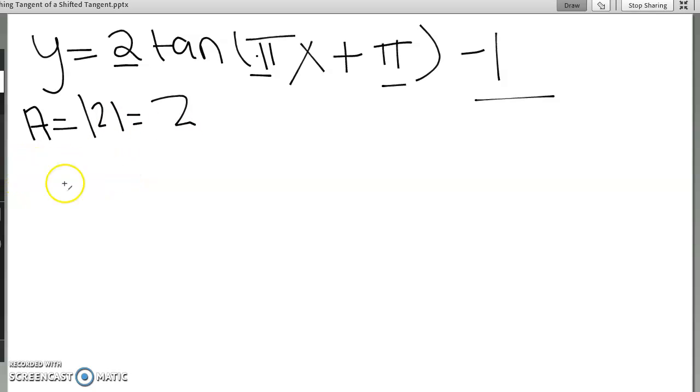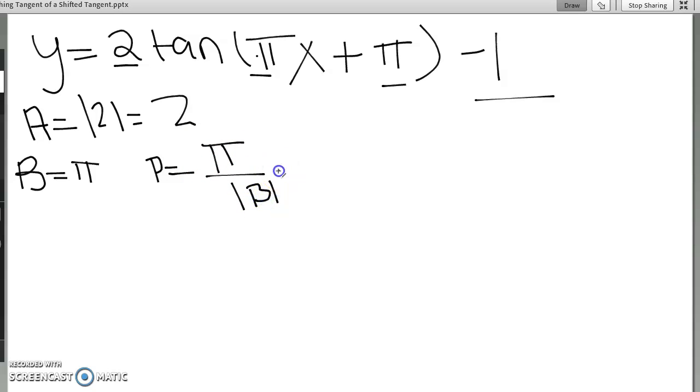For the period, I'm going to use b. So b is equal to pi. We know period is equal to pi over the absolute value of b, and so I get pi over pi, which is 1.